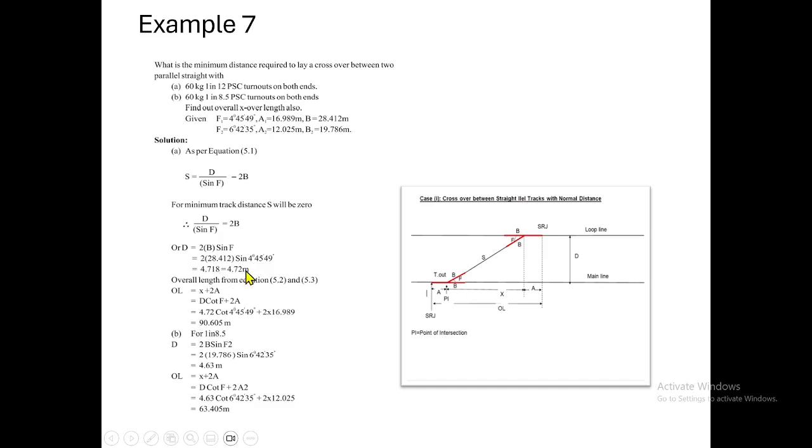In case of 1 in 12 turnout, providing on both lines, we require a minimum distance of 4.72. And suppose when you are using 1 in 8 turnout on both lines, in this case D equal to B sin phi by 2. Here we are getting 4.63.